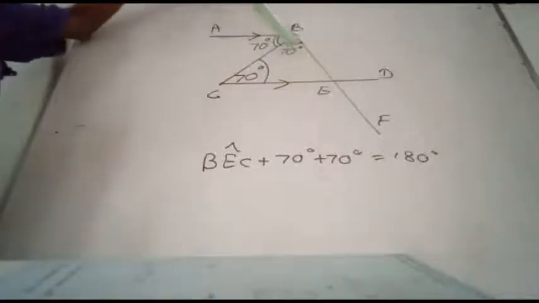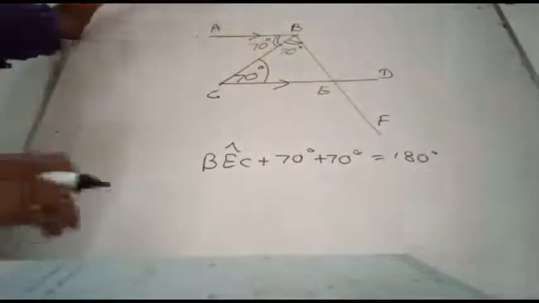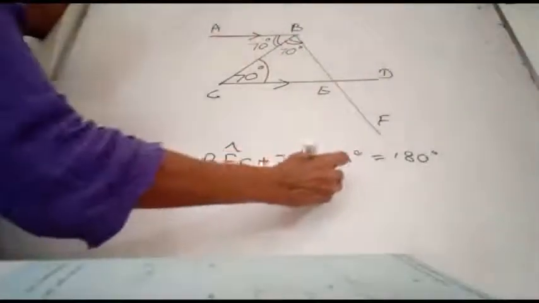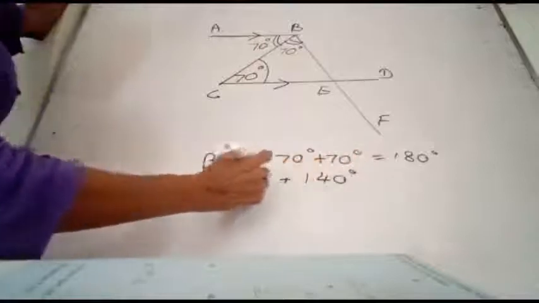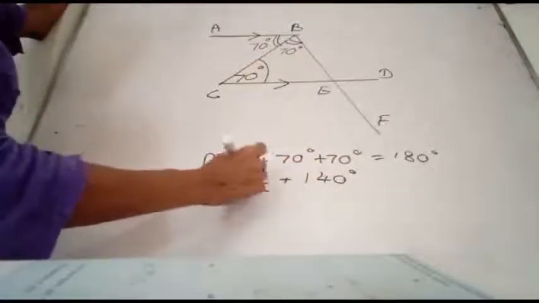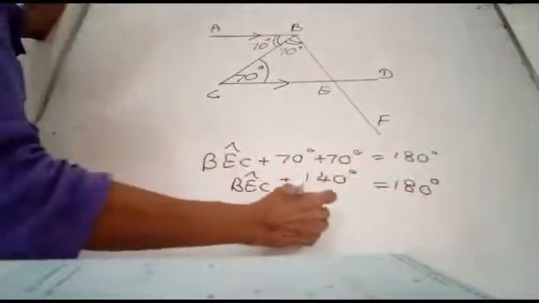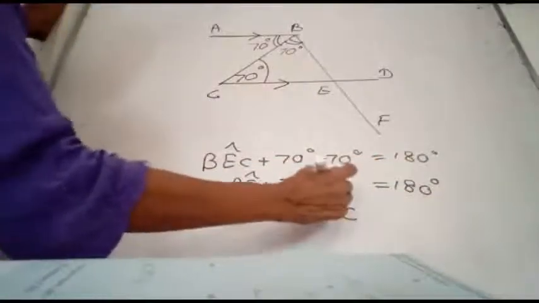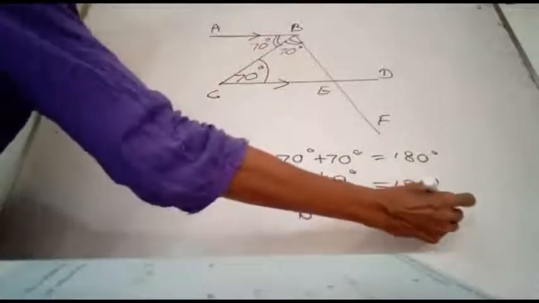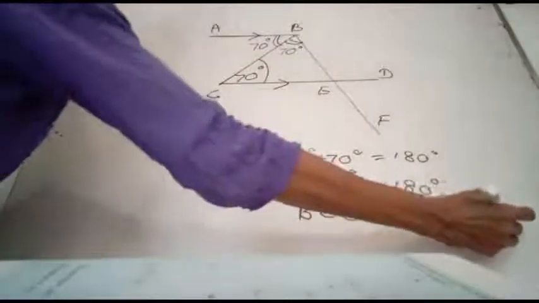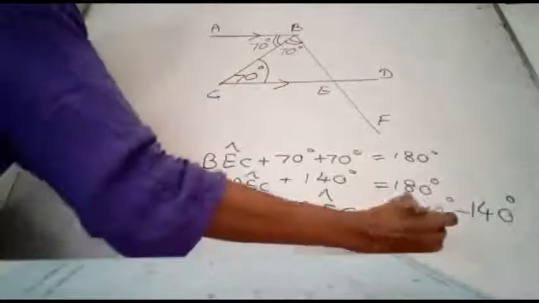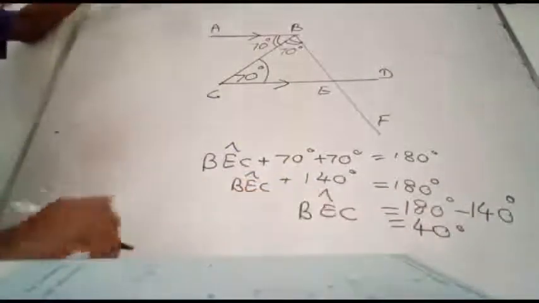The sum of the three interior angles of a triangle is equal to 180 degrees. 70 plus 70, 140, plus angle BEC is equal to 180 degrees. Angle BEC is equal to 180 subtract 140, equal to 40 degrees.